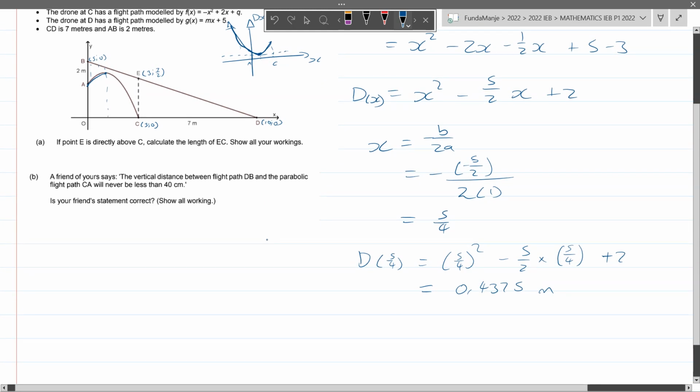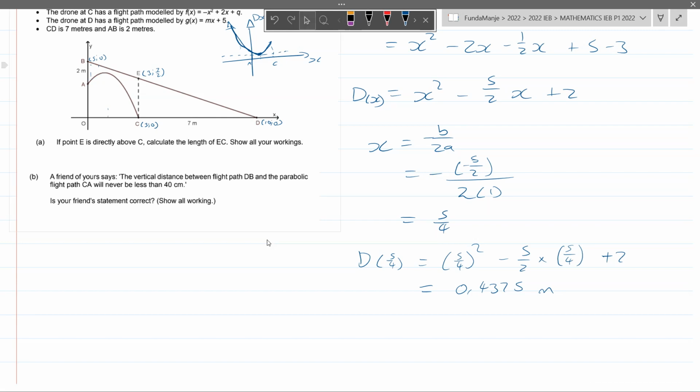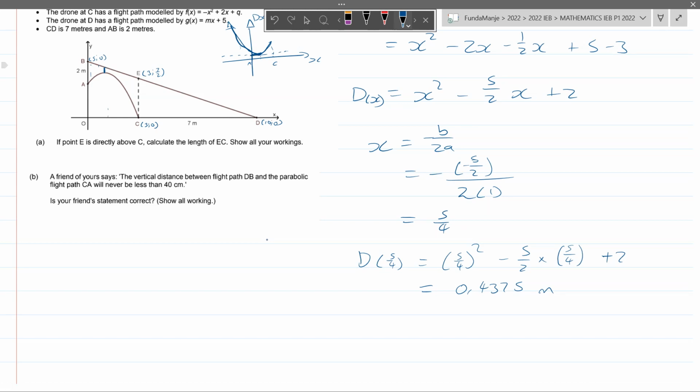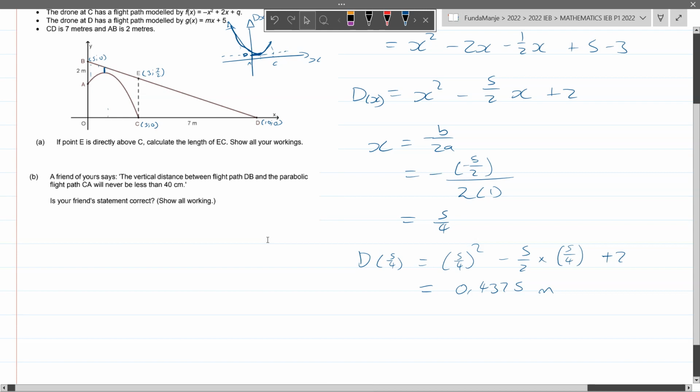This is the smallest distance, the distance over here, described as the y value at this point. That's the smallest. All the other x values you can put in will give you a distance that is larger than this. So if you put in this one, for example, you get a larger distance.